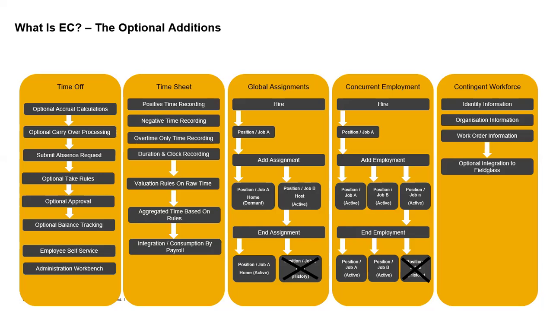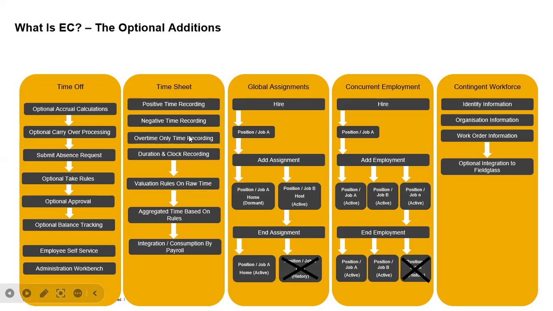So you have the time shift from 8 to 5. That is positive time recording. But you have a rule in your system that if you take a break of more than 1 hour or maybe 2 hours, a half day will be marked for you. That would be the negative time recording we capture in the timesheet.